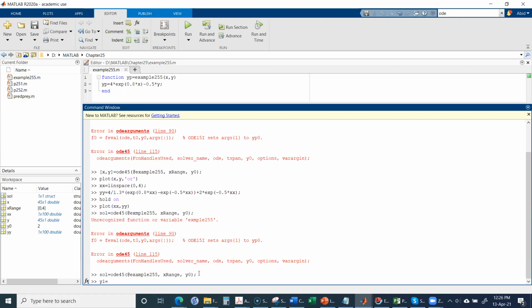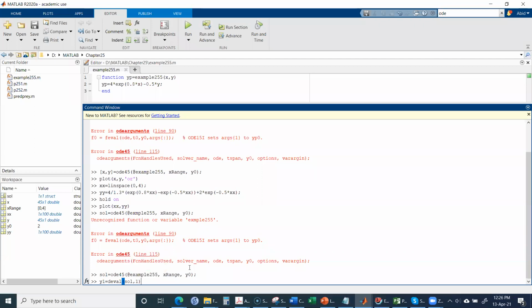That MATLAB function will be called deval, for evaluate. I will evaluate sol, which is actually of type structure, the solution structure. And then I give the value, say x is equal to 1.